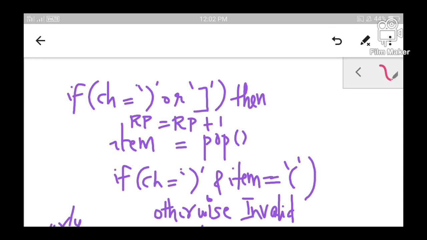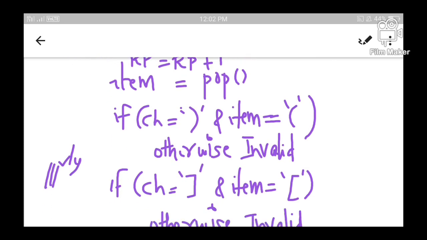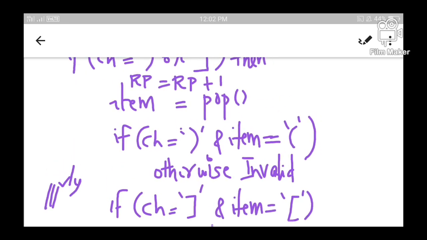Now one more thing. As I already told you, right brackets can be of two types. It can either be a right square bracket like this, or a normal right bracket like this. If the character CH, which is read from the keyboard, is a normal right parenthesis, then we have to check if the item equals a left parenthesis.